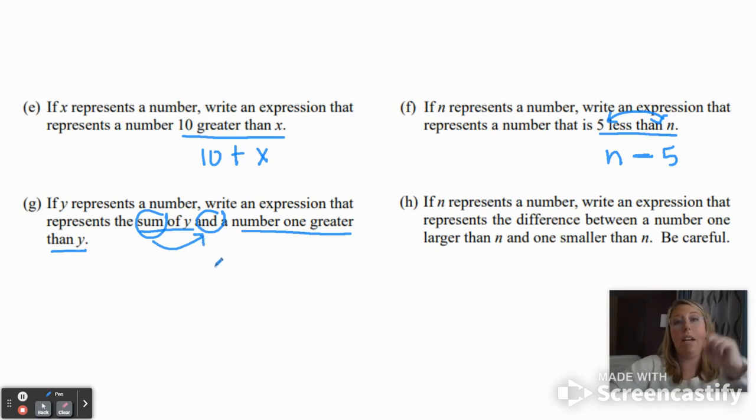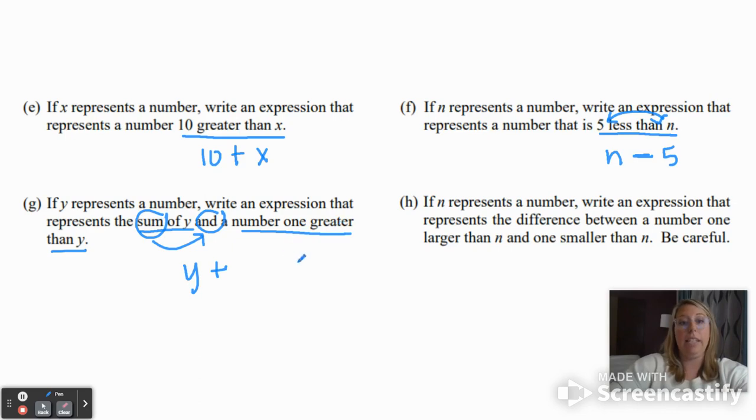So anytime you see sum, difference, product, or quotient of, you need to look for the word and or with, and that's where the symbol goes. So we've got y plus, now let's go over to the next section, a number 1 greater than y. So we actually have another clue there.